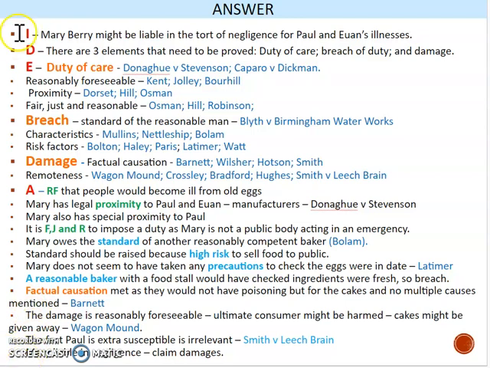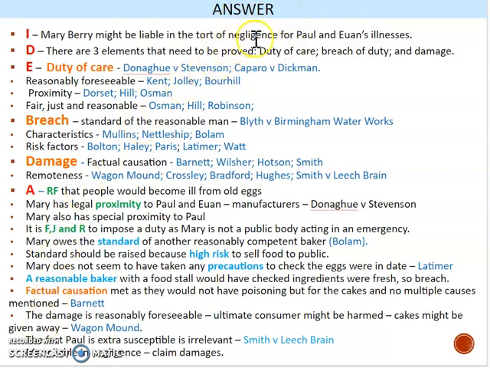So firstly then, we've got the identification. So you always need to identify and name the characters in your scenario. So I've said Mary Berry might be liable in the tort of negligence for Paul and Ewan's illnesses. So I've recognised that there are two potential claimants in this scenario. I've also identified the area of law that I'm going to be applying.